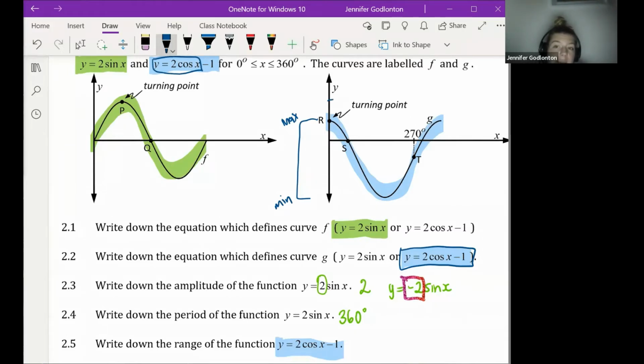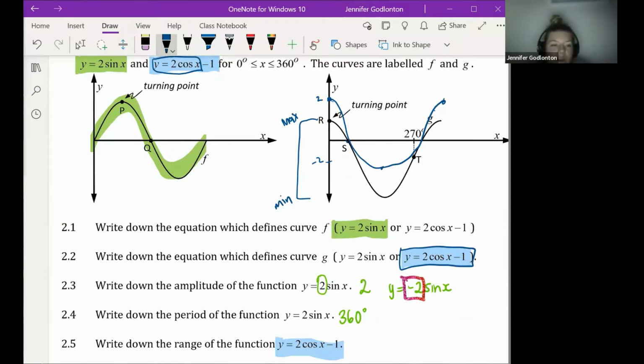I would start at my max, which would be 2. I would go down to 0, I would reach my minimum at -2, and then I would come back up to my maximum at 2. So that's why I'm making my life difficult. There we go. Okay.